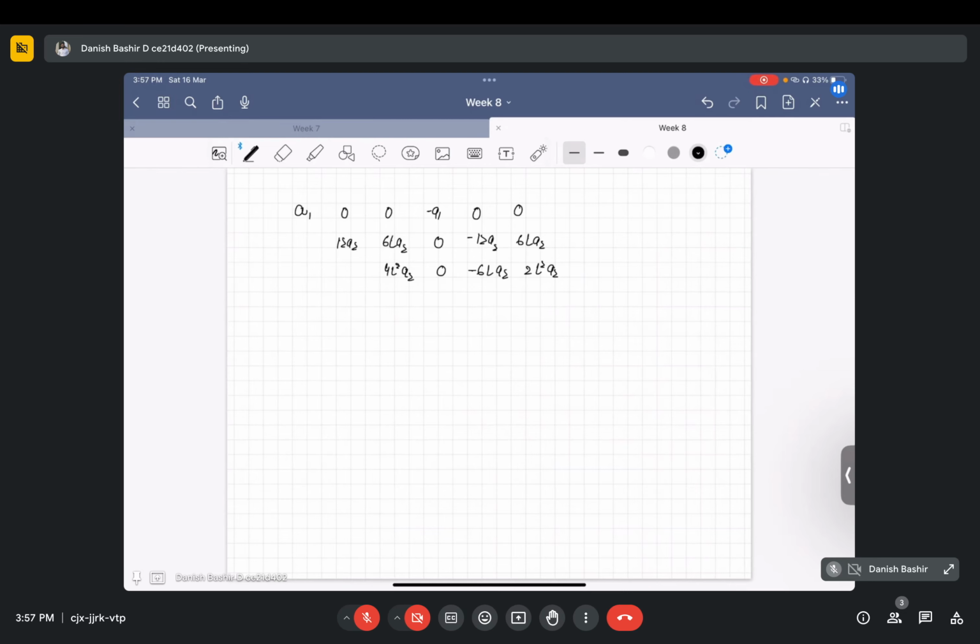Then moving forward, this comes out to be A1, 0, 0, and then 12A2, minus 6LA2, and 4L square A2. Why am I not writing these other side elements? Because this is symmetric.